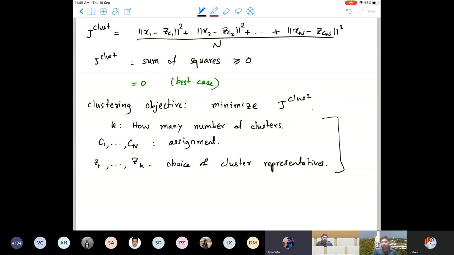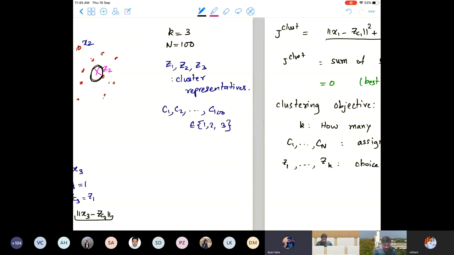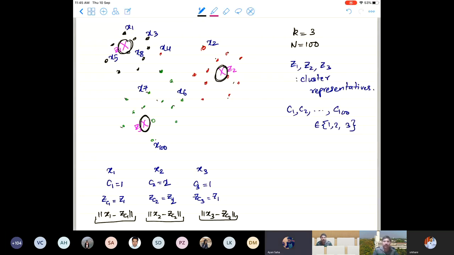Yeah, but it will give the J cluster as 0. It is not solving the problem. Mathematically fine, but practically does that make any sense? No, it is not doing anything. Look at this example that we saw. Clearly there are 3 clusters. You could go on with the number of clusters equal to 100 and make that J cluster equal to 0.